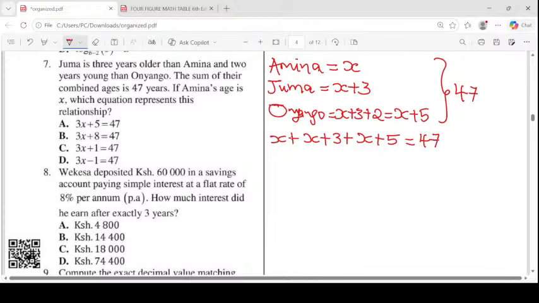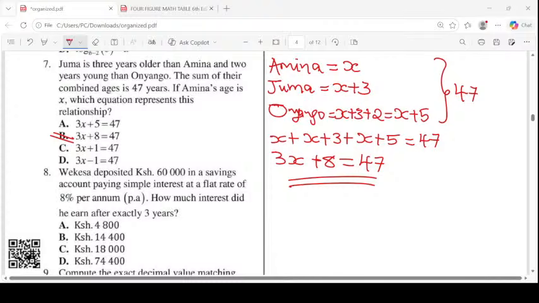Collecting like terms, x plus x plus x becomes 3x, then 3 plus 5 becomes plus 8, being equivalent to 47. This is the equation representing their relationship. Going to my choices, I have choice B for boy as the correct answer.